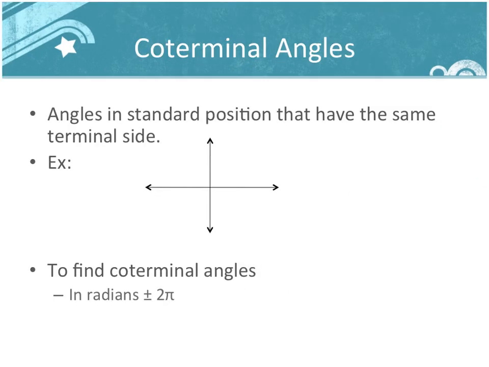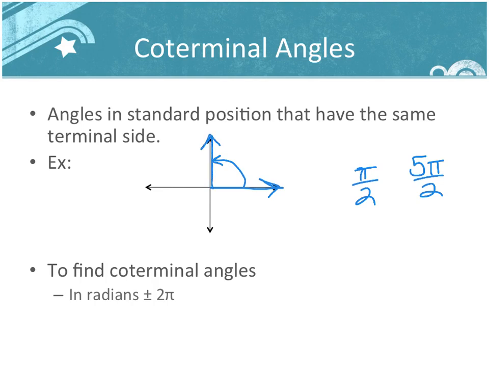Coterminal angles. An angle that is in standard position that has the same terminal side as another angle is called its coterminal angle. So if I look back at, let's say I'm doing pi over 2 and then 5 pi over 2. If I want to graph pi over 2, I'd start at 0 and I'd go up to the y-axis, which is pi over 2.